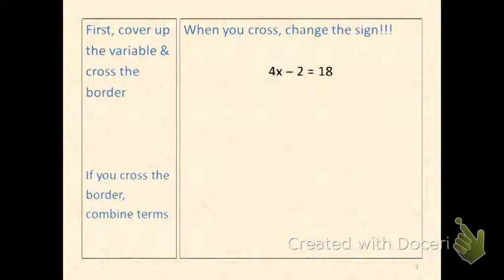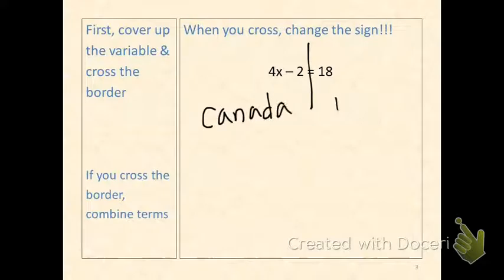First thing that we're going to do is cover up the variable and cross the border. Basically, I want you to imagine that this equal sign is like a giant border. This right here is Canada. This right here is the USA.